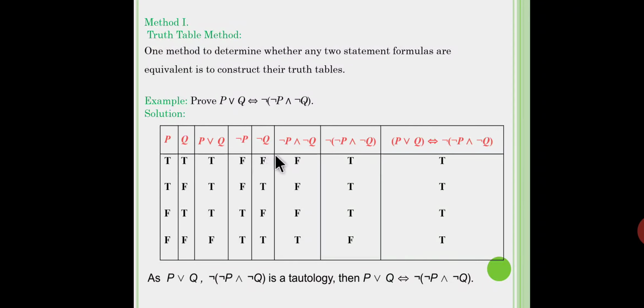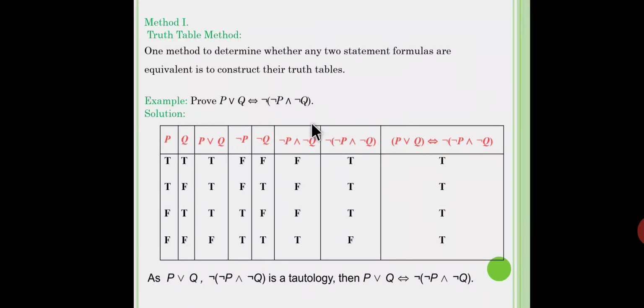In the fourth case, both ¬P and ¬Q have truth value true, so the compound statement has truth value true. In the remaining cases, the compound statement has truth value false.